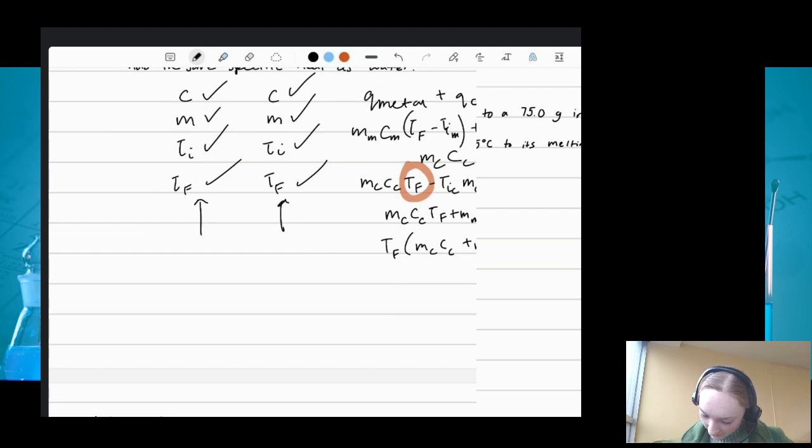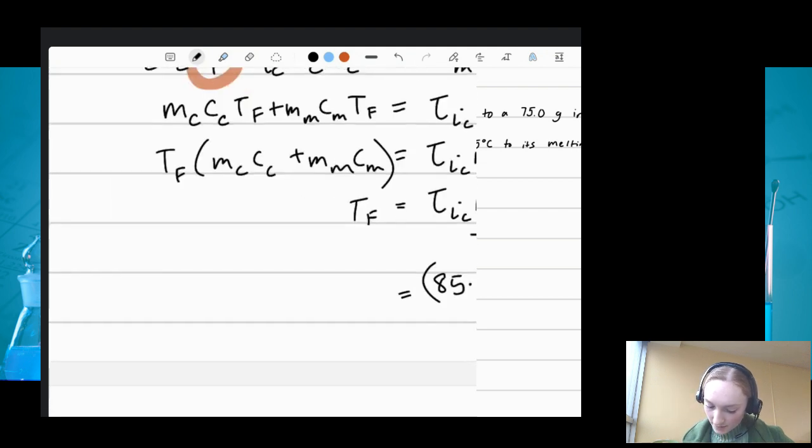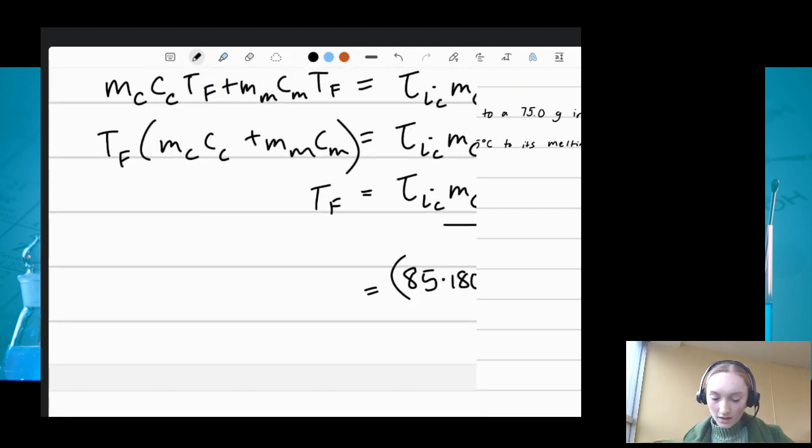So that's the first term here. And then the mass of the metal is 45. And then the specific heat is 0.88. And the initial temperature is 24 degrees.